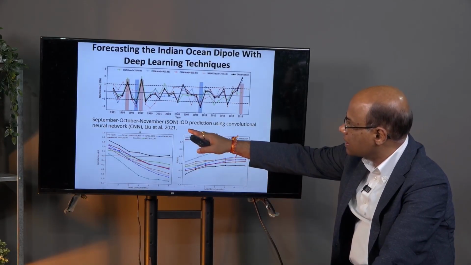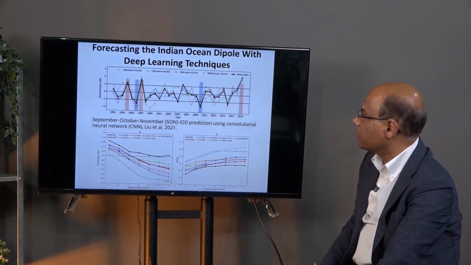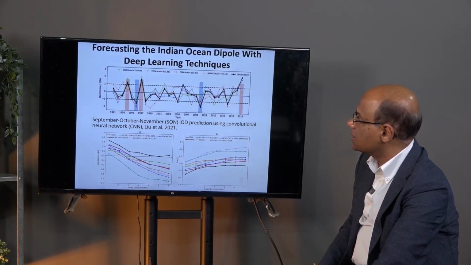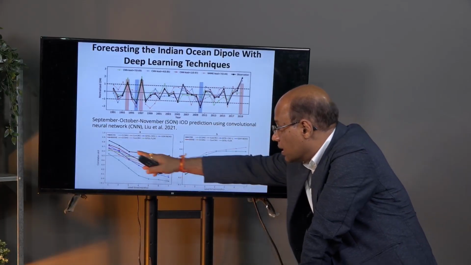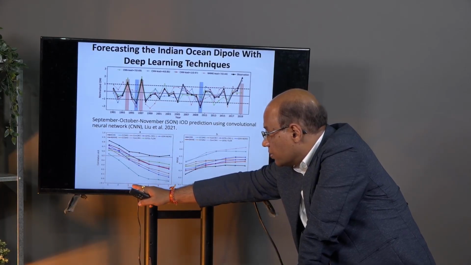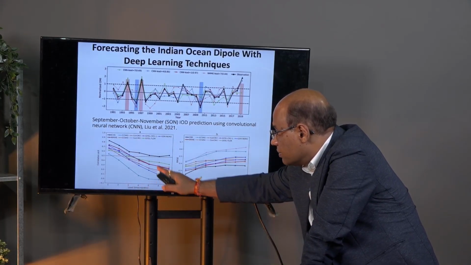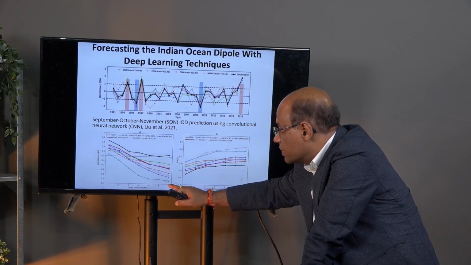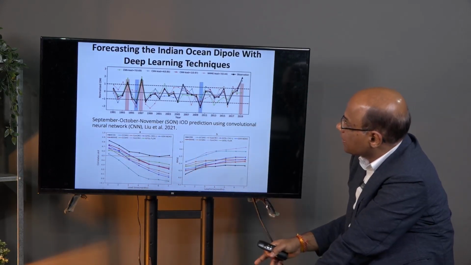In this case, they are predicting the September, October, November Indian Ocean dipole index using CNN, and you can see that the black line is CNN. Skill is pretty high at 4 to 5 months lead time, and continues up to 7 months lead time, so above 0.5 correlation skill.